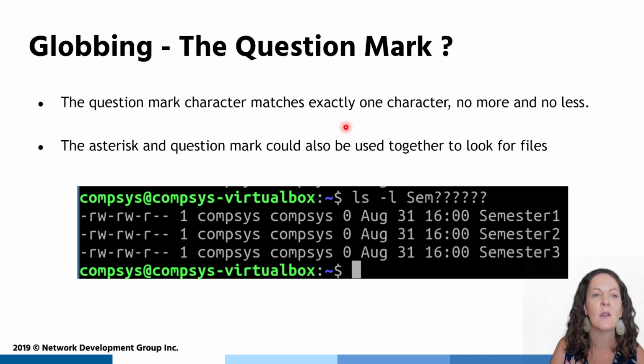So if I said I want to search for SEM followed by 1, 2, 3, 4, 5, 6 characters only, no more, no less, then I can use the question mark. It matches exactly one character. So if you want files that have 3 characters, it'll be ls -l question, question, question. They just represent exactly one character.